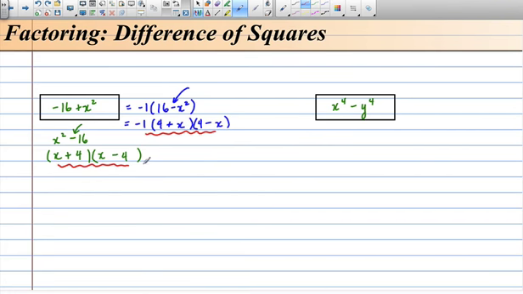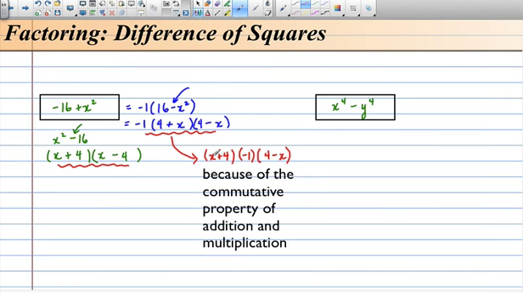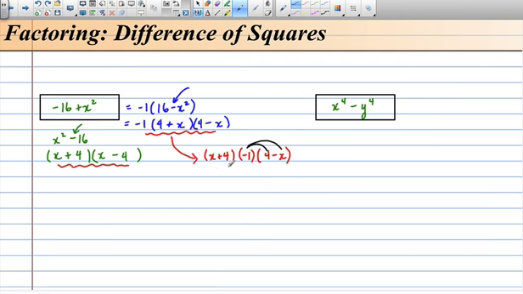These two answers are exactly the same. Why is that? We can rearrange the factors in multiplication. So if we have the x plus 4 first, then we can distribute the -1 in. So we essentially have the exact same result.